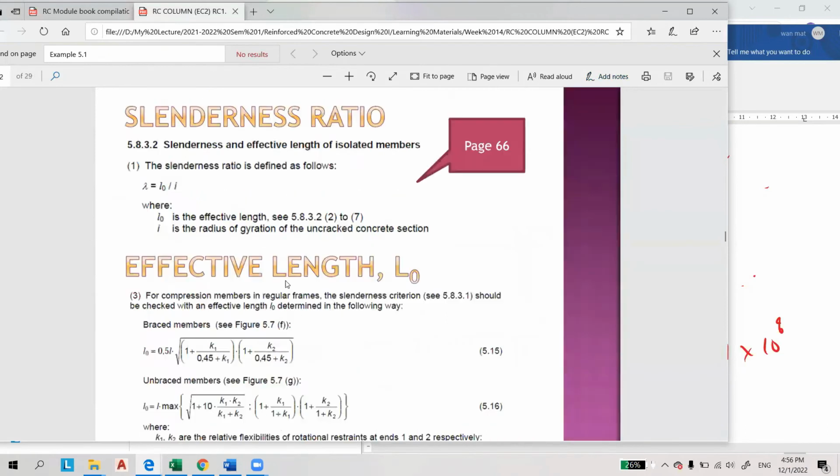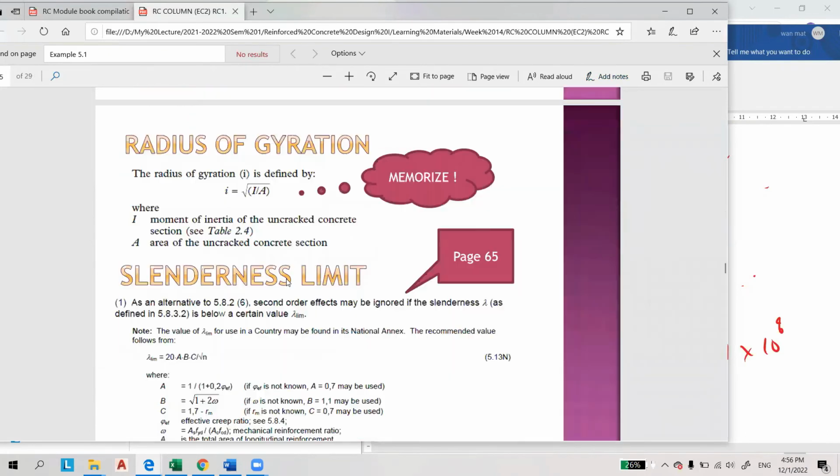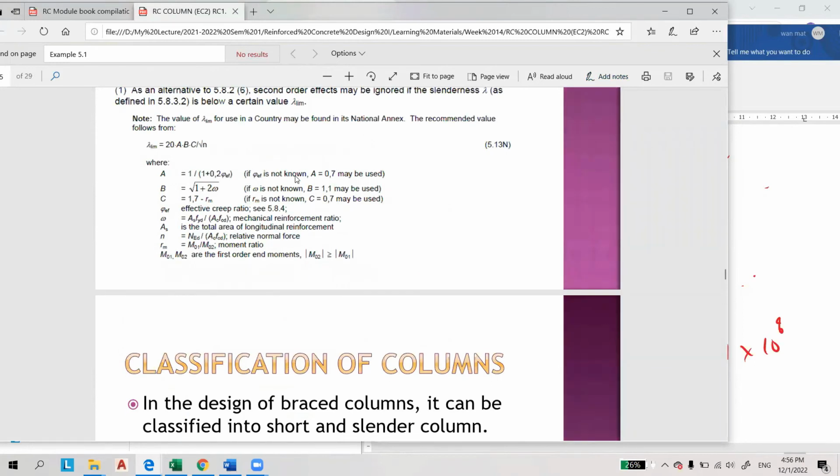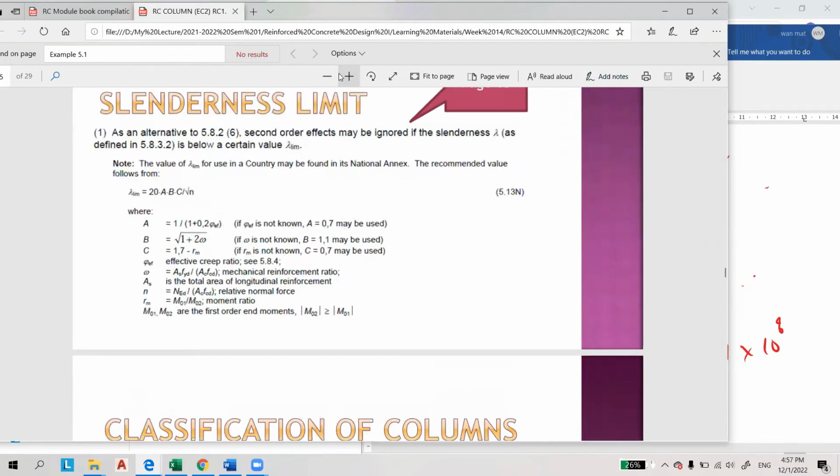This is from this clause in Eurocode, equation 5.13 in Eurocode. So you can use 0.7 for A and 1.1 for B, and if C is not known, you can use 0.7 also.